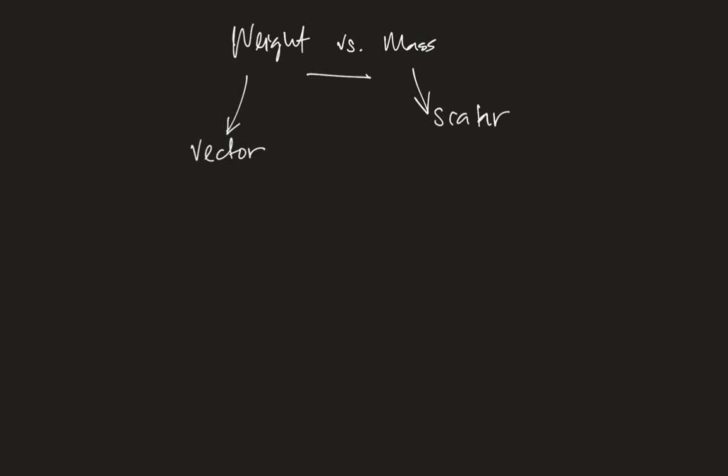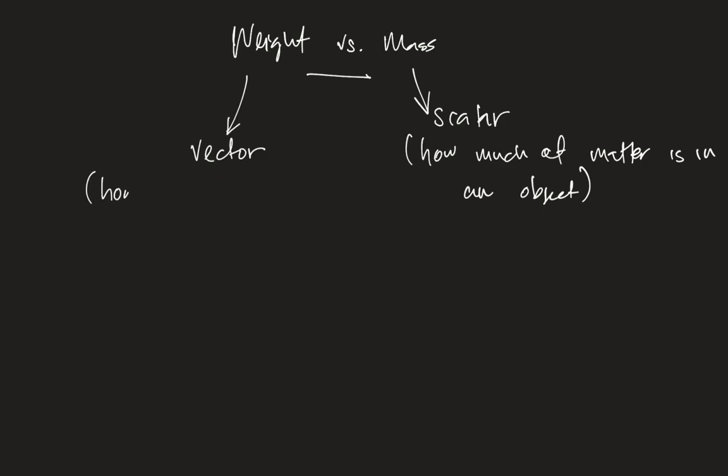Now, mass is a measurement of how much matter is in an object. And when we look at weight, we're looking at how hard gravity is pulling on the object.